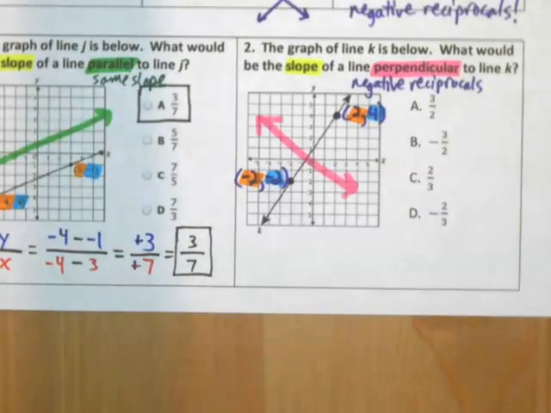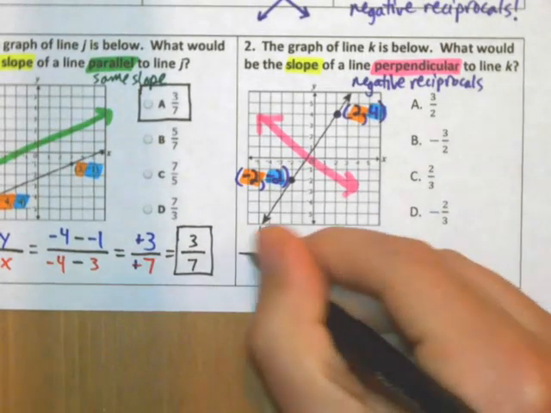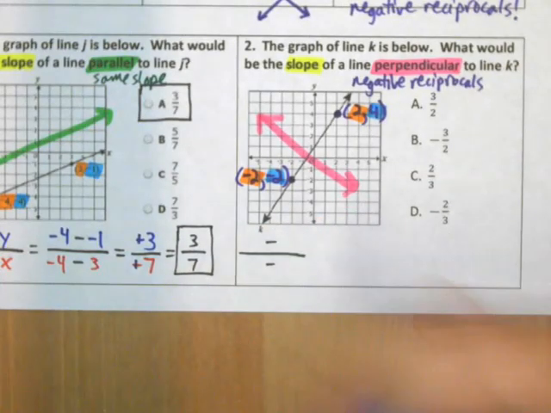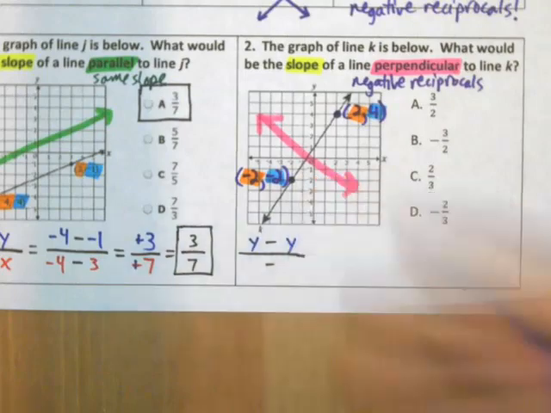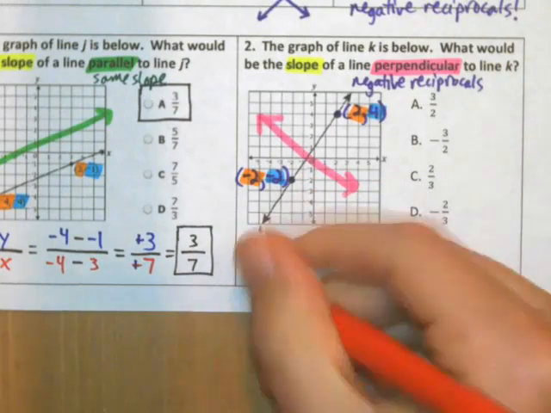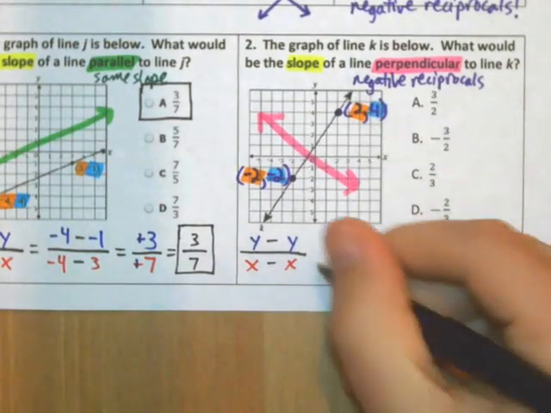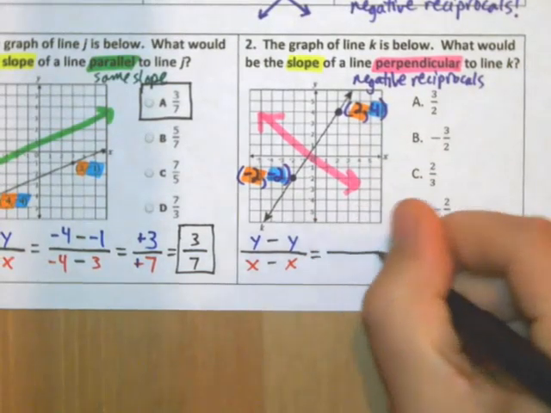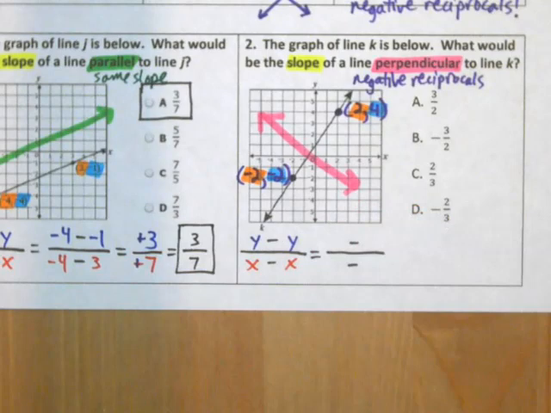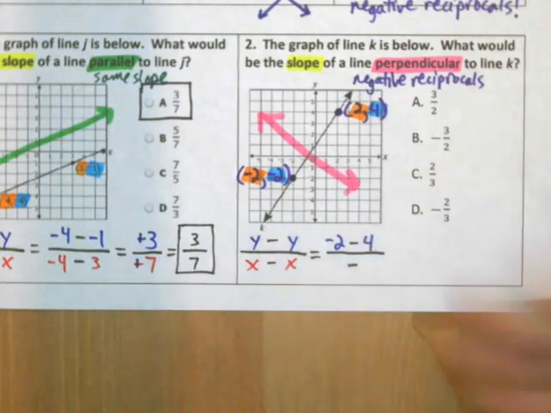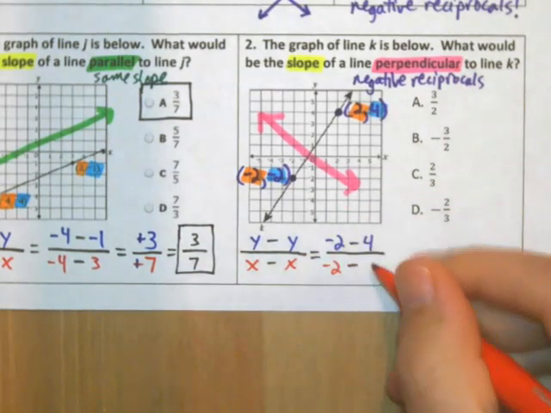And then I'm going to set up the slope formula. Basically, y minus y over x minus x. Now I'm going to substitute. First y value is -2. The other y value is 4. The first x value is -2. The other x value is 2.